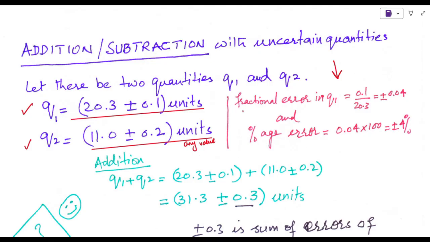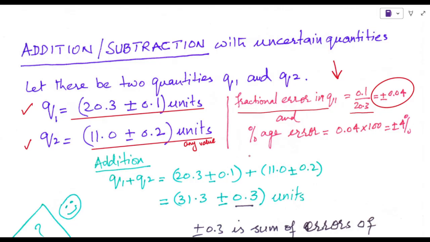Fractional error in Q1 will be equal to 0.1 over 20.3, which is equal to plus minus 0.04, and fractional error in Q2 will be 0.2 divided by 11, which is going to be calculated later on in this calculation.